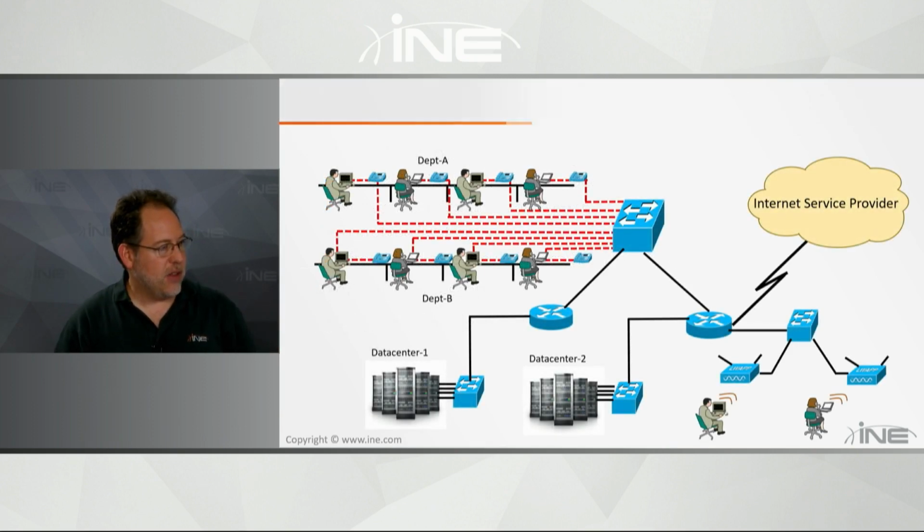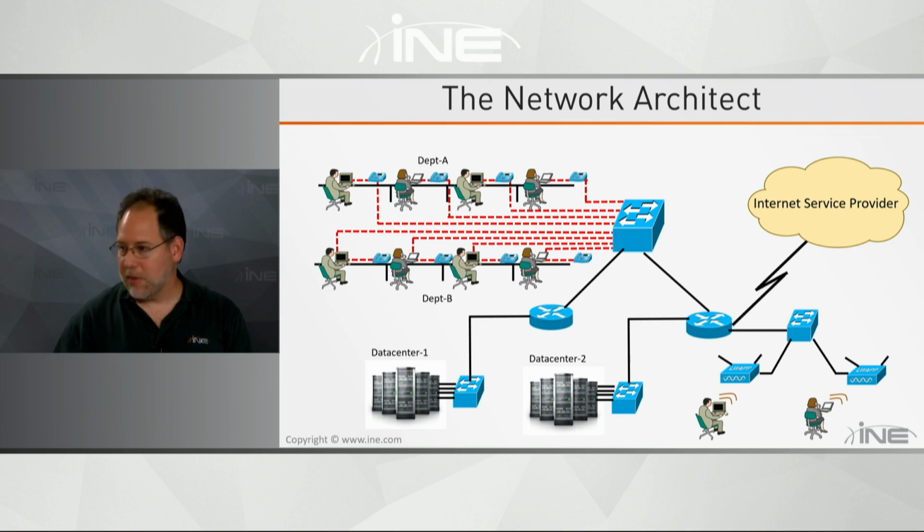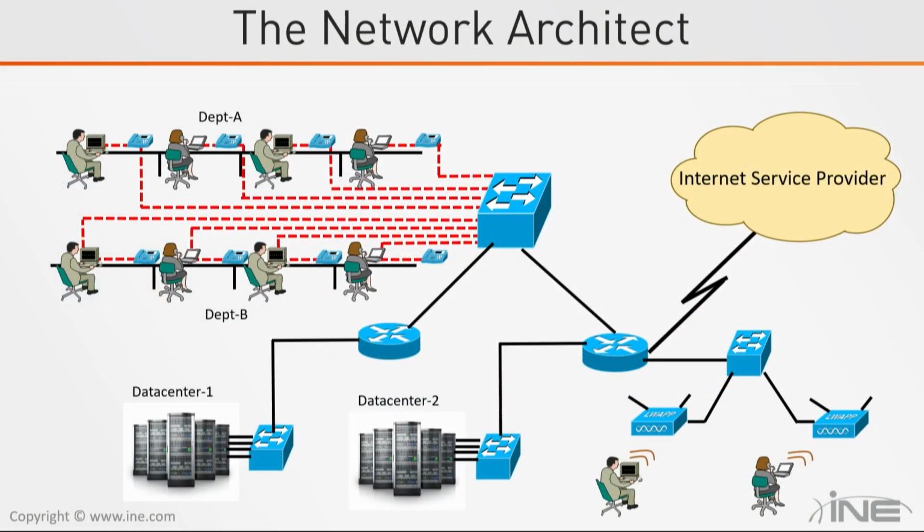So, given this particular diagram right here, if we zoom in on this a little bit, what value would the network architect bring? Well, the network architect, even before all this is built, would ask lots and lots of questions. How many users do you have right now? Where are they located? How do you see yourself scaling? What kinds of information will this network need to carry?